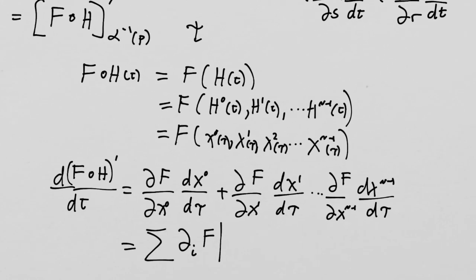Well, it's evaluated at the coordinates of the point P, and each of those terms of the sum is multiplied by the derivative of the ith component of h, which is a coordinate, because it's the coordinate of the curve. It's evaluated at, what curve am I calling this? Alpha, right? Alpha inverse of p.